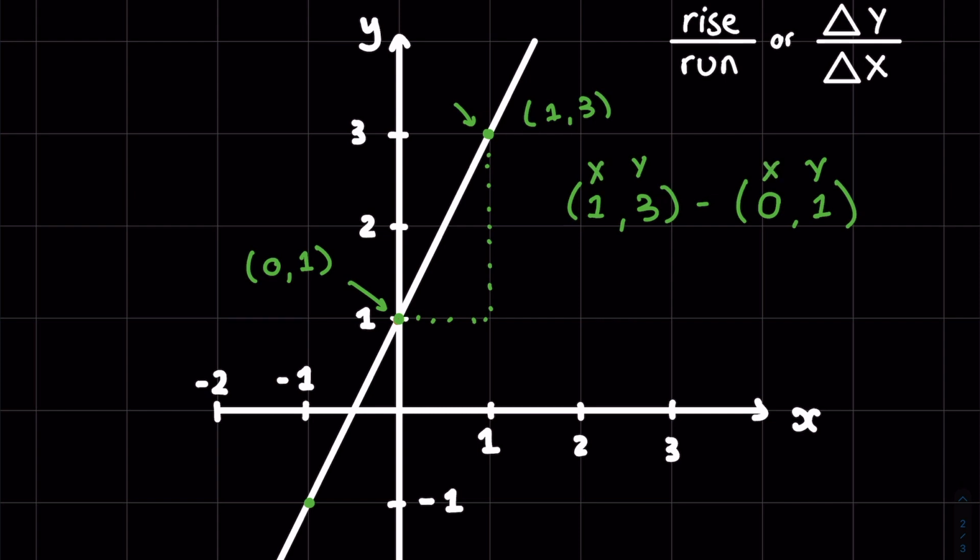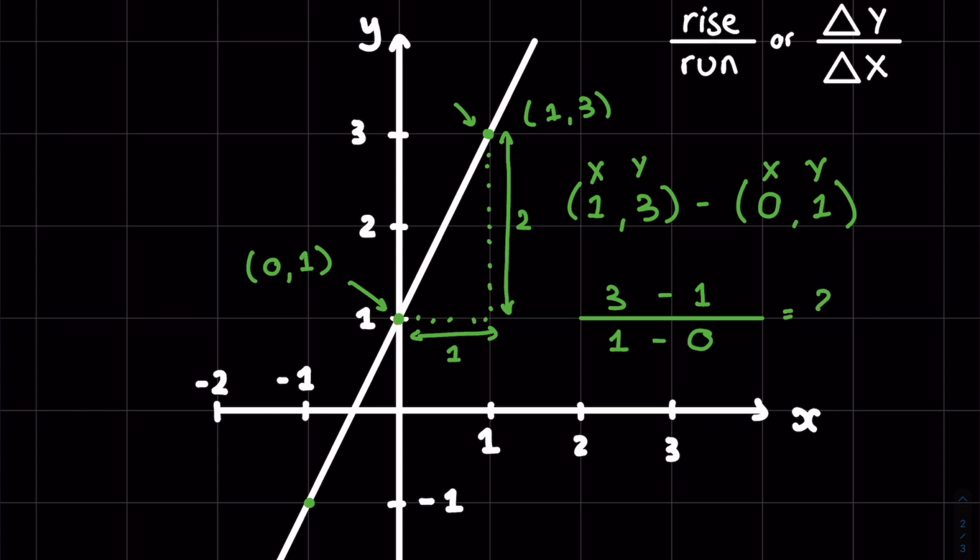So our change in y is finding the difference in height from 3 to 1. So 3 minus 1, which gives us a change of 2. And we have to use the same coordinates, the x coordinates, minused away from each other. So we've got 1 minus 0, which gives us a distance of 1 along.